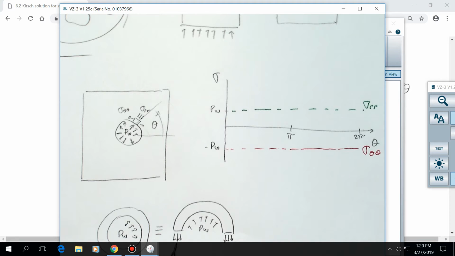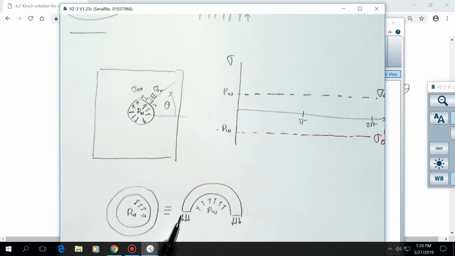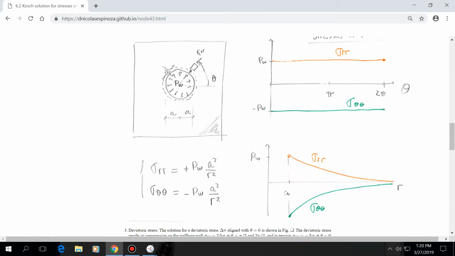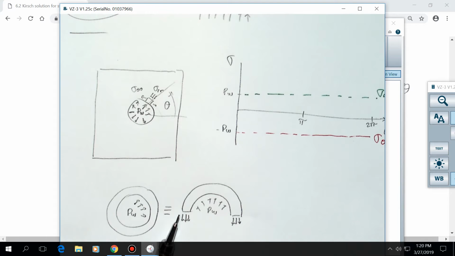It's just that those stresses, they decrease with distance as you get further away. So when you get very close to the wellbore, you feel a lot the influence of the inner pressure, but as you go further away, you don't feel it anymore. And remember that here we're considering solely the effect of inner pressure and nothing else, okay?